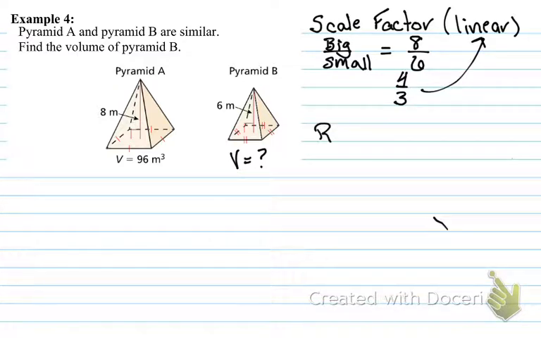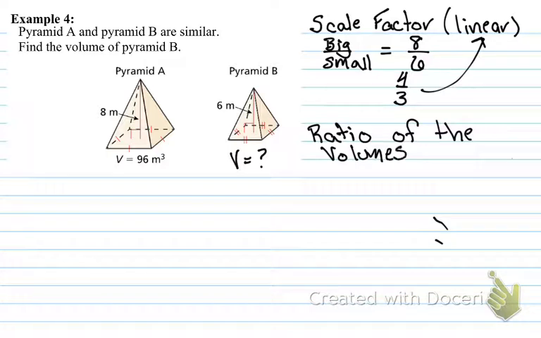So the ratio of the volumes will be the cube of those, again, because volume is cubed units. So I would need to take the 4/3 cubed, and that's the ratio of the volume.